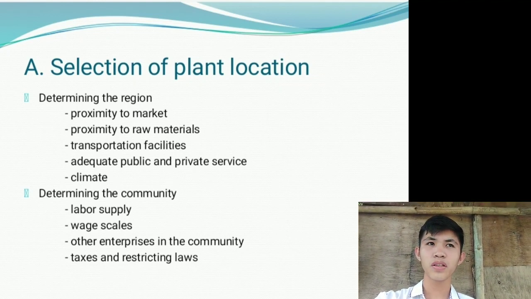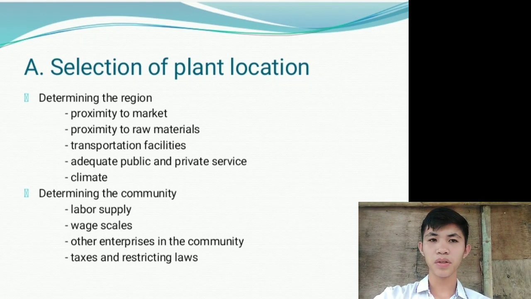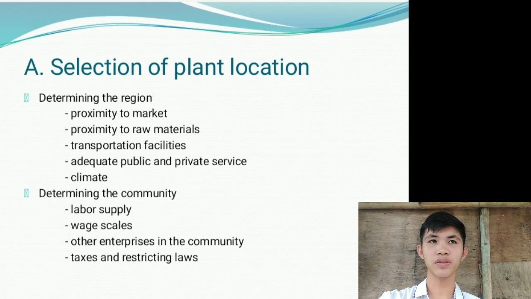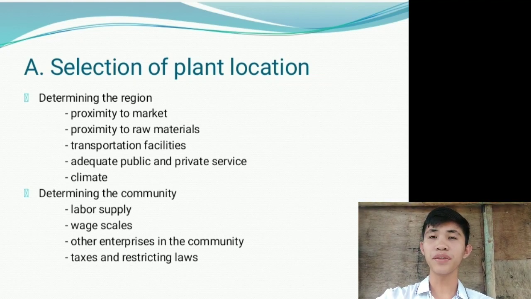So you must consider the climate in putting a business, because climates can affect your day-to-day operation.